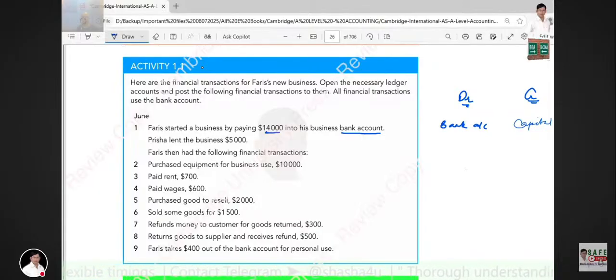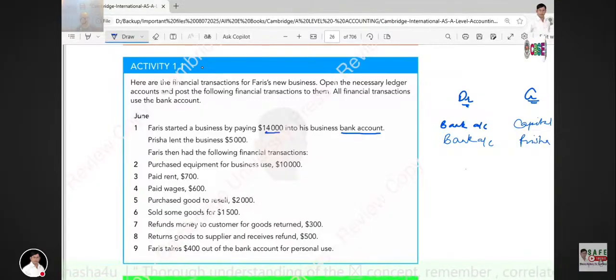So now come to the next one, creditors. Creditors is a credit balance. Which side? In the trial balance you see where creditors is. 1,80,000, so you write here.